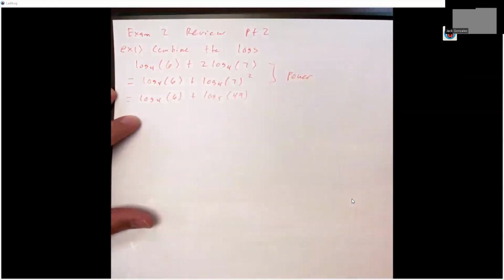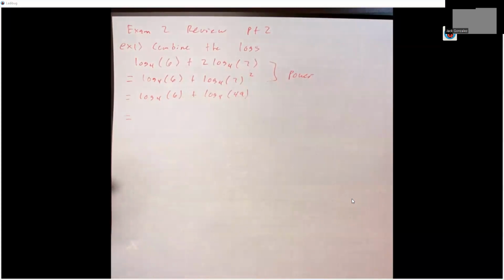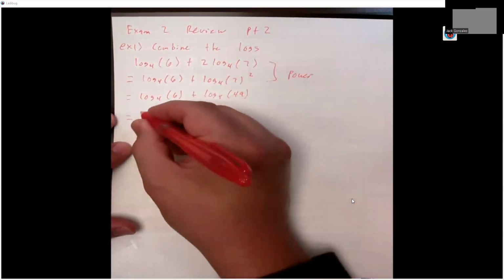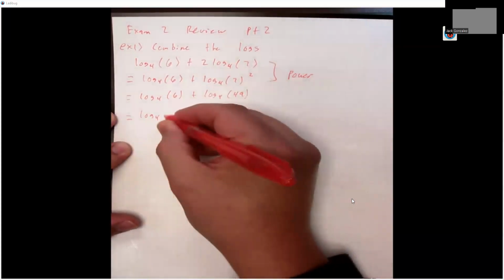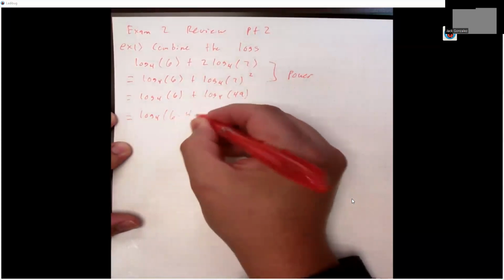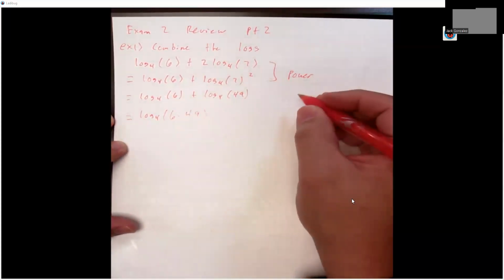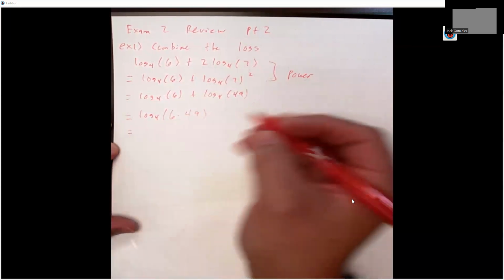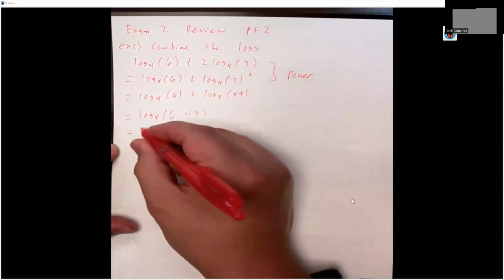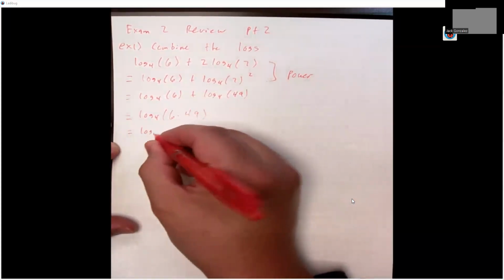And then if you square the 7, that's just 49. Now, product rule says multiply these, which will give us 294, what I got earlier.